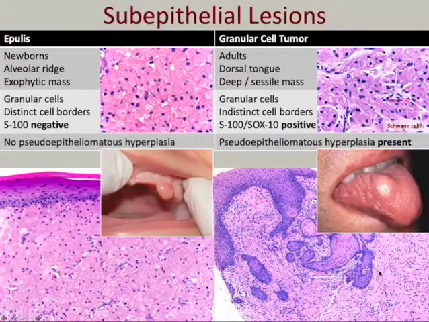Subepithelial lesions that may appear more as either pedunculated or sessile. I put these two here together, epulis and granular cell tumor, not because the clinical is overlapping, but because the histology is.